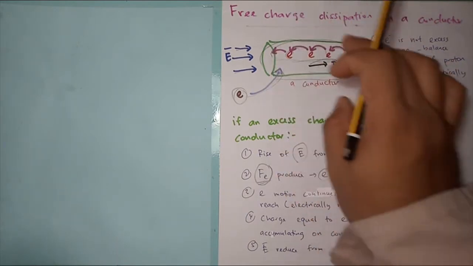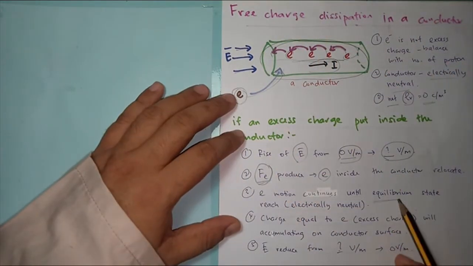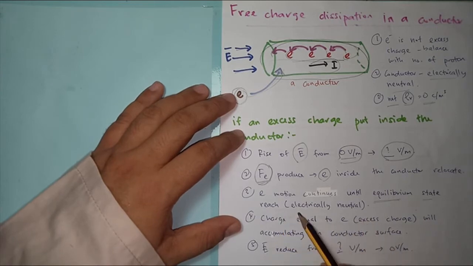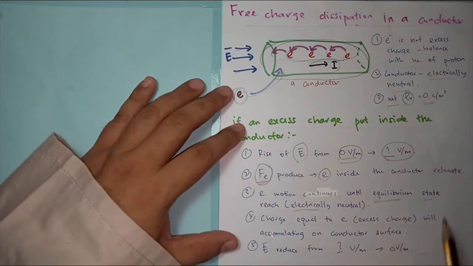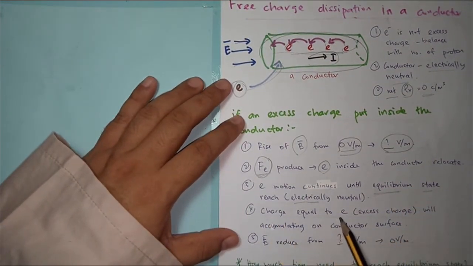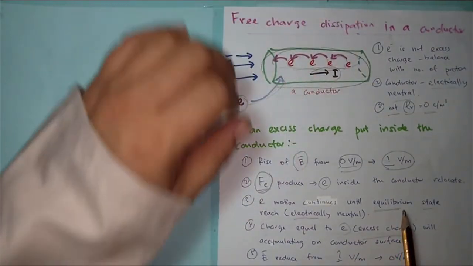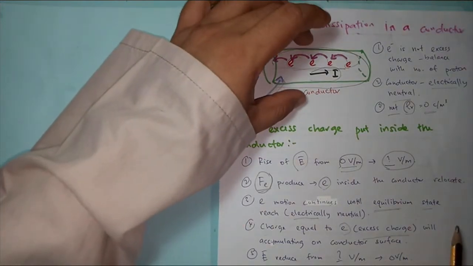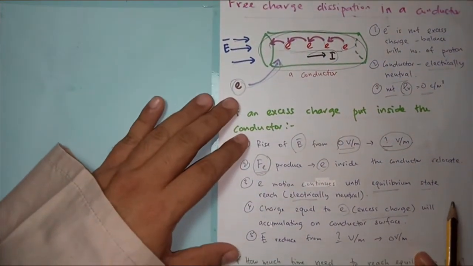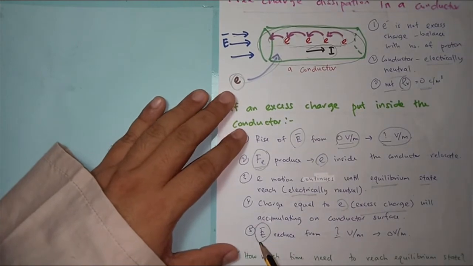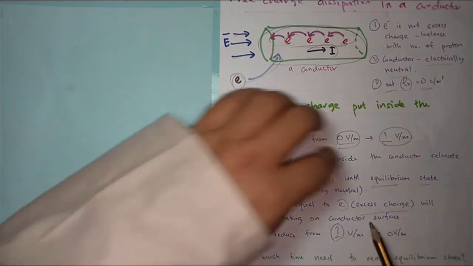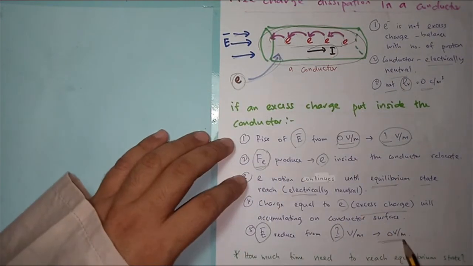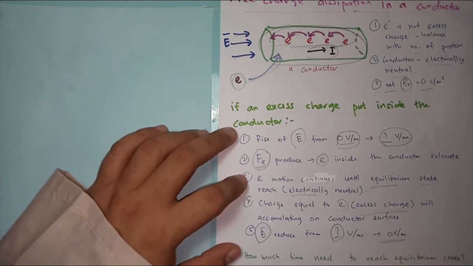This condition will continue until the equilibrium state is reached, or what we call electrical neutrality is reached again inside this conductor. The excess electron charge will accumulate at the surface of this conductor. In that condition, the electric intensity inside this conductor will be reduced from the value here until it becomes 0 as originally stated.